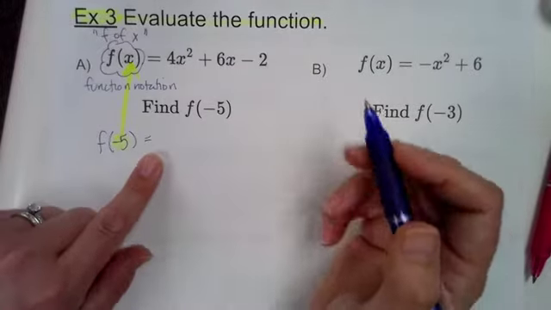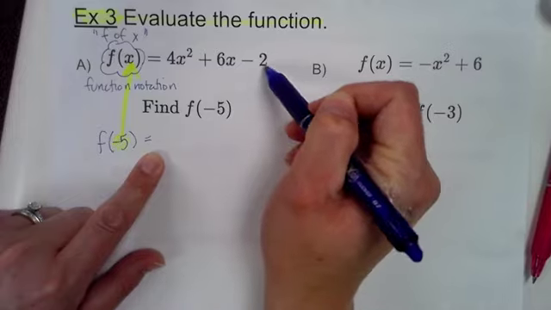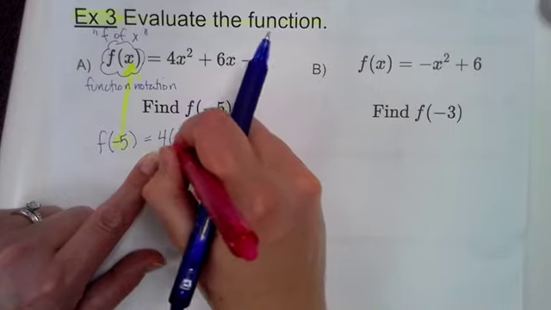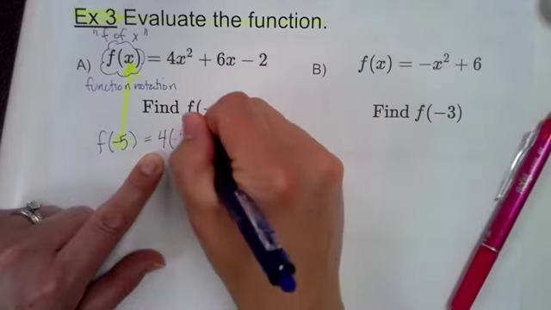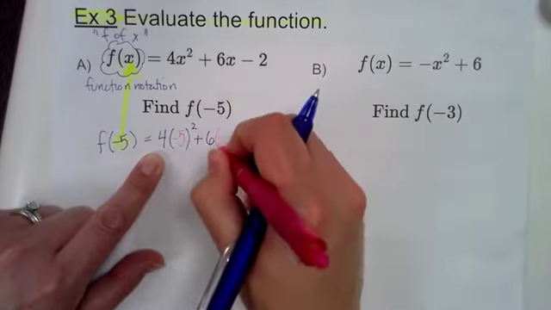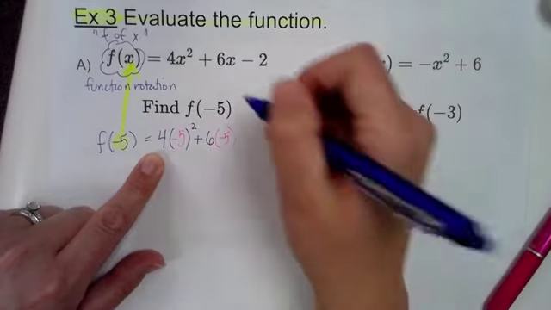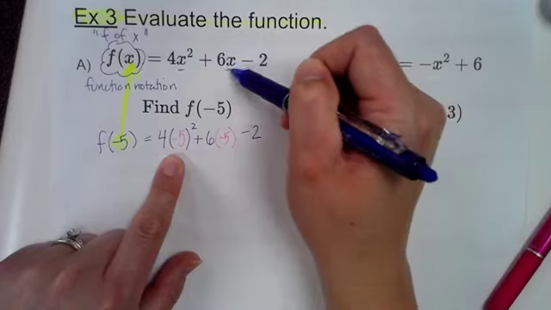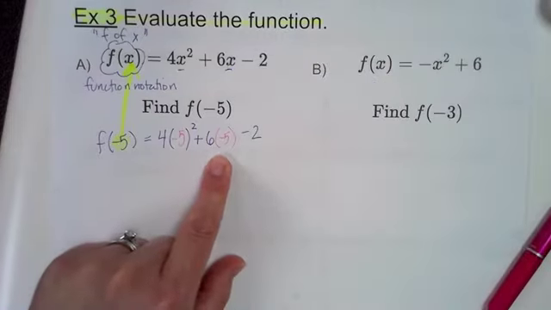Negative 5, exactly. So we're going to go to our little function rule here, and everywhere you see an x, we're going to pop in negative 5, and that's exactly what it wants you to do. Plug in everywhere you have an x, we are popping in a negative 5.